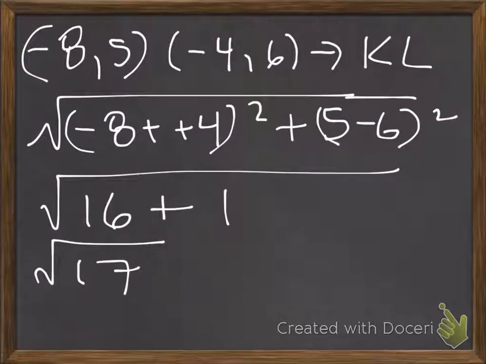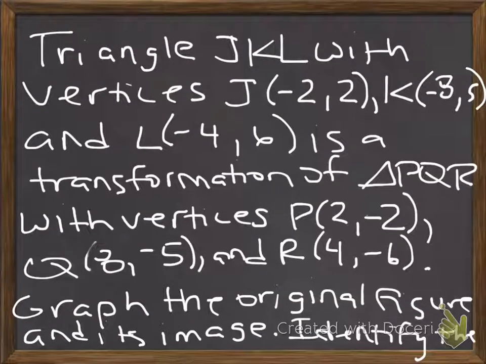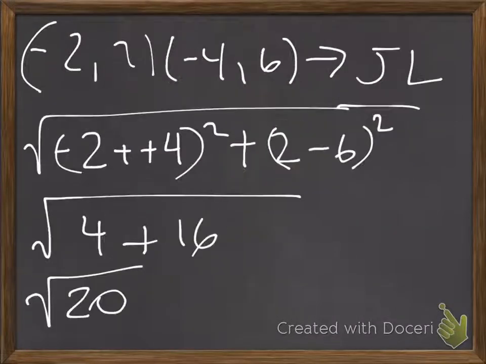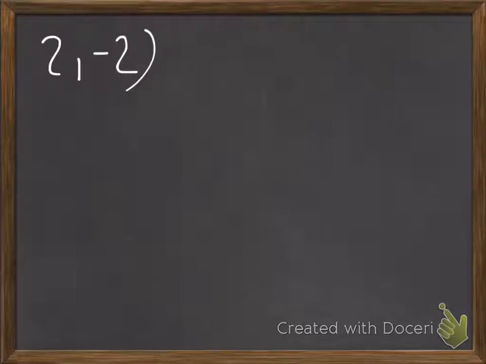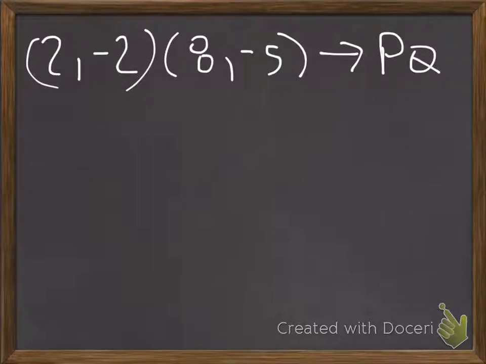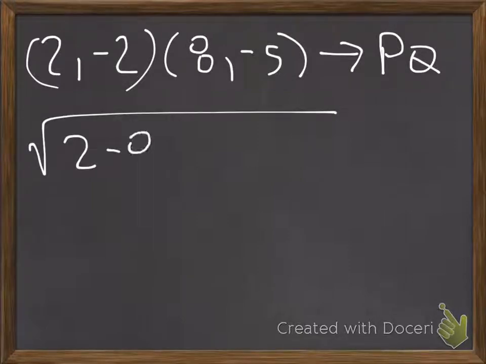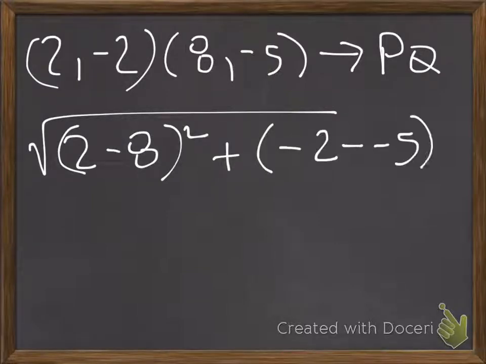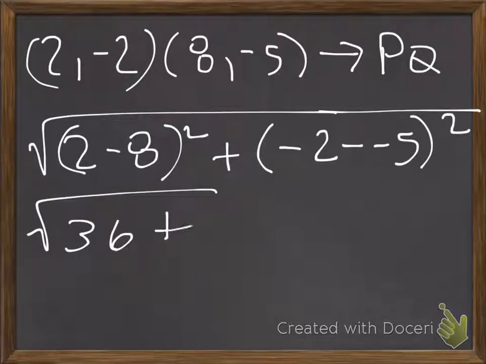So now we're verifying that to be congruent with the other triangle. So we'll do this again. So PQ for the other triangle, 2, negative 2, and 8, negative 5. That's going to give us 2 minus 8 squared plus negative 2 minus negative 5 squared. That becomes negative 6 squared, which is 36, plus negative 2 plus 5 is 3, so 3 squared is 9. That gives us square root of 45.